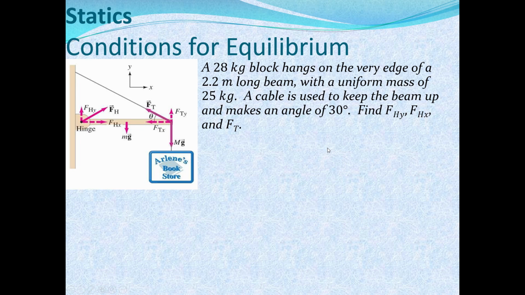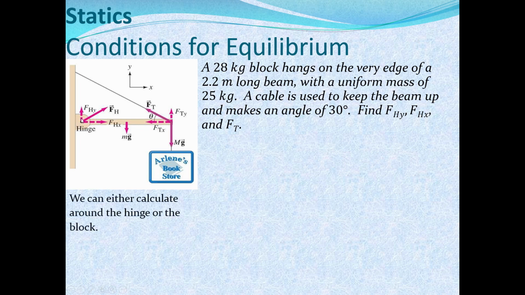Okay, so what we're going to do is, if I try to do some of the forces, again, I come up empty-handed. I have nothing in the horizontal direction, and I have two unknowns in the vertical direction. So, sum the torques. Now, it doesn't matter where I put the pivot.